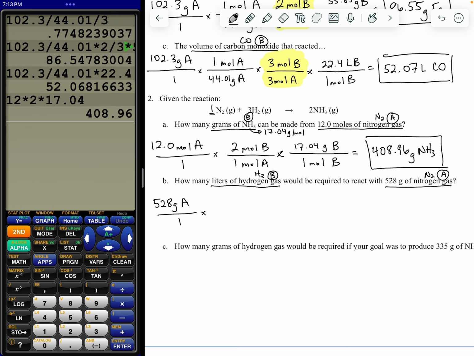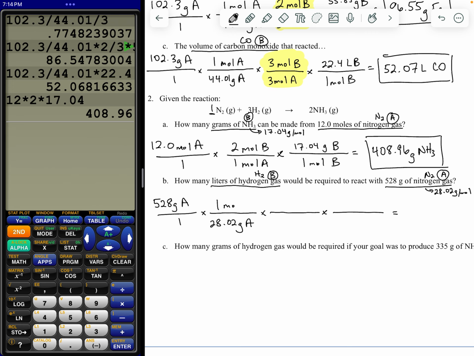And in this case, N2, I know that I have grams, so I need the molar mass. That is 14.01, which is the mass of nitrogen, times 2, which gives us 28.02 grams per mole. So again, just front-loading that so that now I can plug it in when I need to. So 3 steps to go from grams to liters, and we have our 28.02 grams of A here.